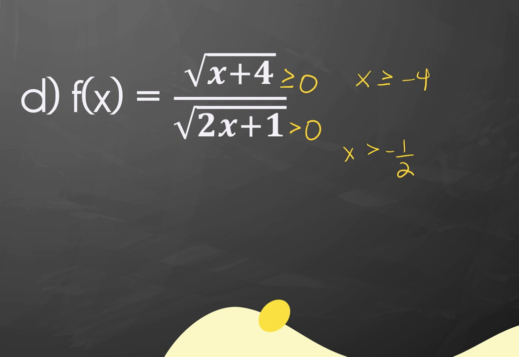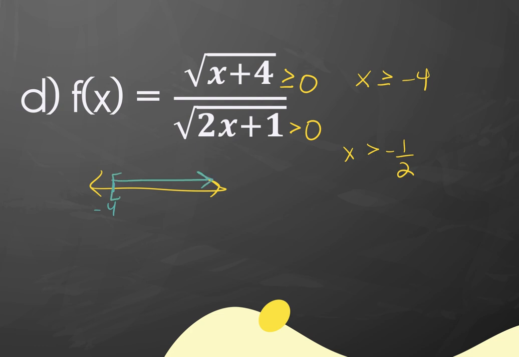Now this is like an and statement, so it has to be true for both. Sometimes it's easier to visualize these on a number line. If you can see what I'm talking about without doing it, that's fine too. But if it's confusing, then my advice is to draw this on a number line. If I said x had to be greater than or equal to -4, then it'd be from -4, with a bracket pointing to the right.